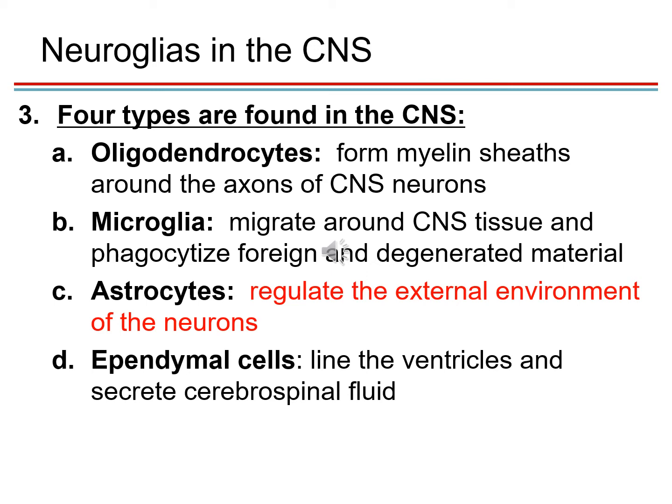The ependymal cells, and I want to leave the astrocyte for last, the ependymal cells are the ones that are always close to the ventricles in the brain and are in charge of producing the cerebrospinal fluid, with all the functions of the cerebrospinal fluid. But the ependymal cells are the only ones who produce the cerebrospinal fluid.